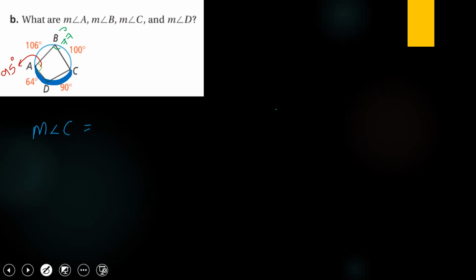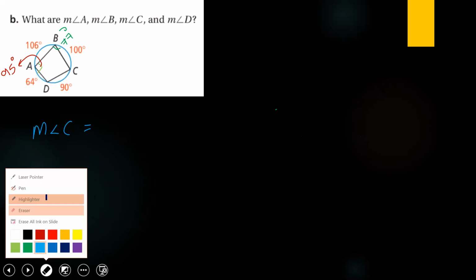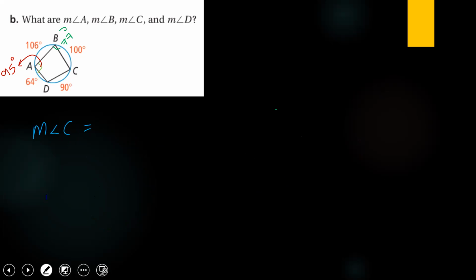Now let's find C. Look at angle C. Its sides are B and D. Between these points B and D there is a connecting arc, which is BAD. So the measure of angle C is half the measure of BAD.